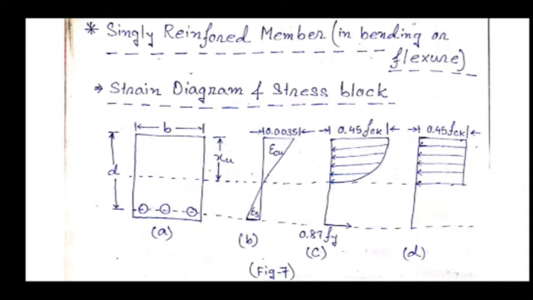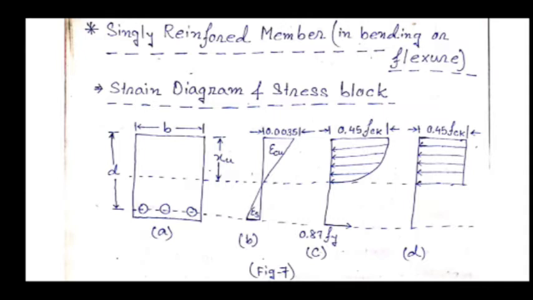From the top fiber to the neutral axis, the depth of the neutral axis is denoted as x suffix u in the limit state method. Width of the beam is denoted by small b, and effective depth, that means top fiber to center of the reinforcement, is effective d, denoted by small d.